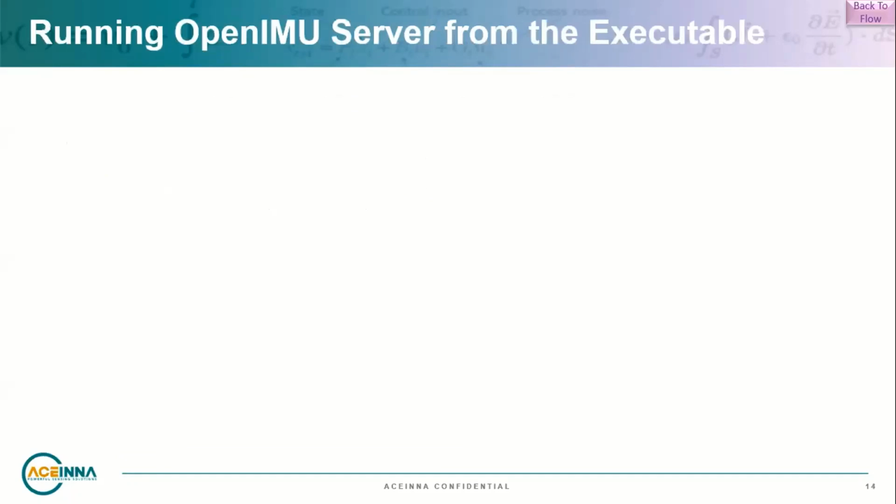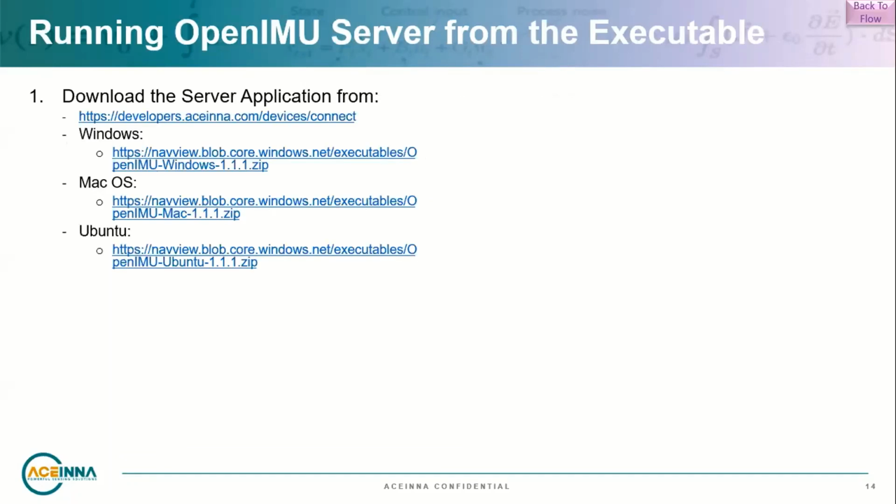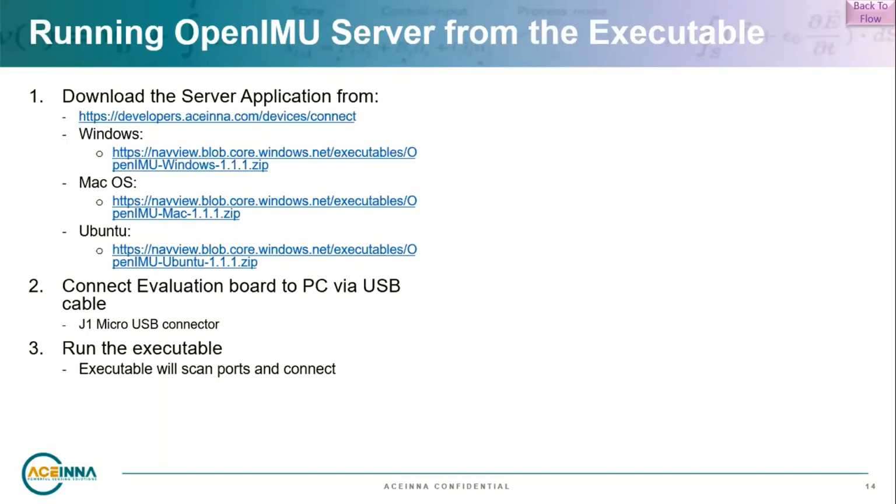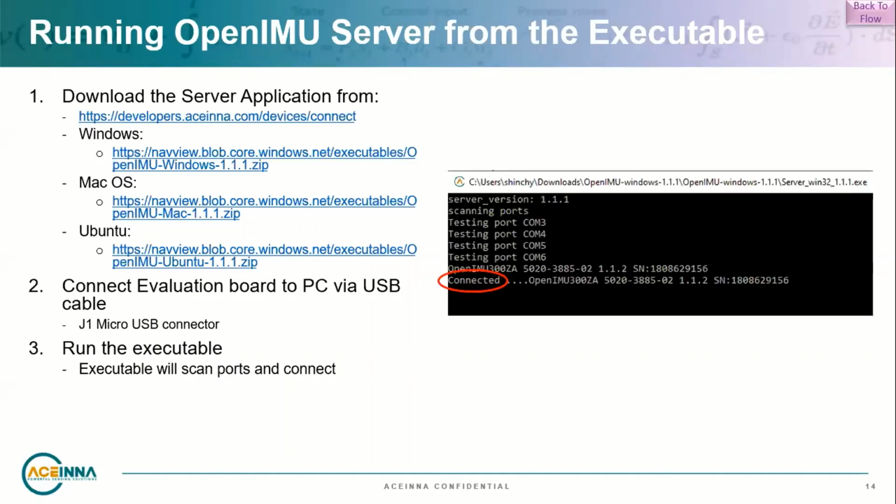The first one, running the OpenIMU server from the executable. Based on your platform, whether it's Windows, Mac OS or Ubuntu, download the executable directly. It's a zip file, so you have to unzip it. Then make sure you have the evaluation board connected to your PC through the USB cable, and run the executable, which will scan all the available ports and connect.